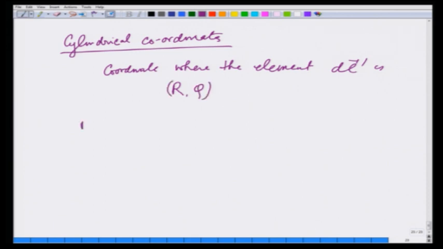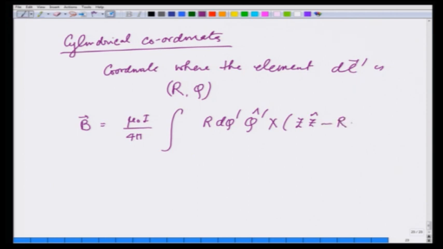So, you are going to have B equal to mu 0 I over 4 pi integration, where dl prime is going to be r d phi prime in the phi prime direction, cross r minus r prime, which is going to be z direction minus r direction, divided by z square plus r square raised to 3 by 2, which is r minus r prime cubed.